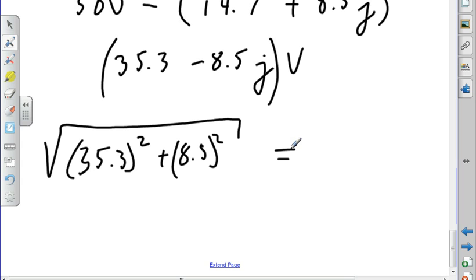Oh, that can't be right. 35.3 squared plus 8.5 squared equals.